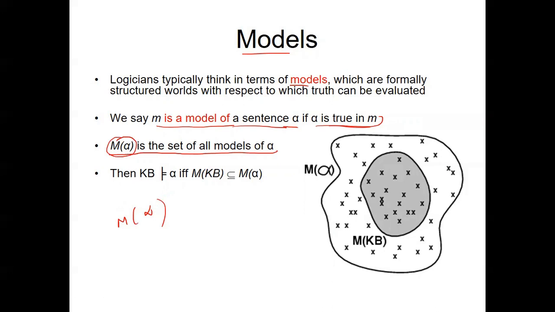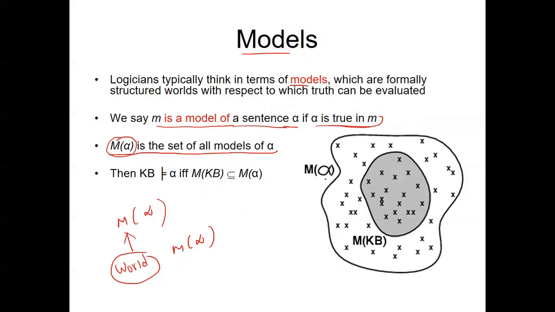Models are nothing but worlds. A world is represented as a model. So M of alpha means alpha is true in all those models.